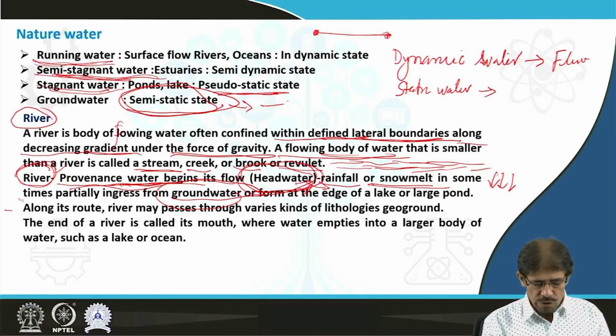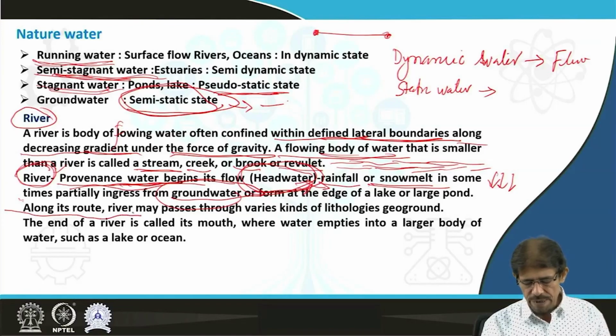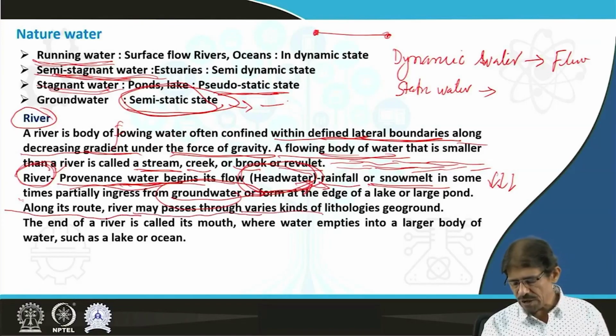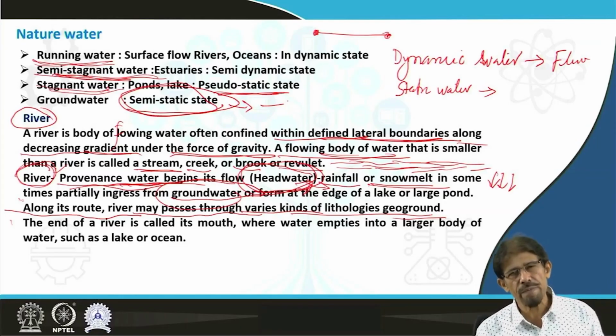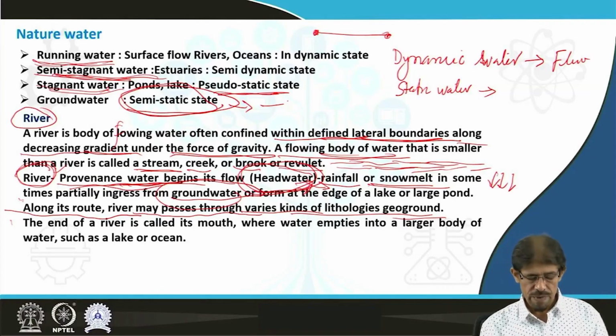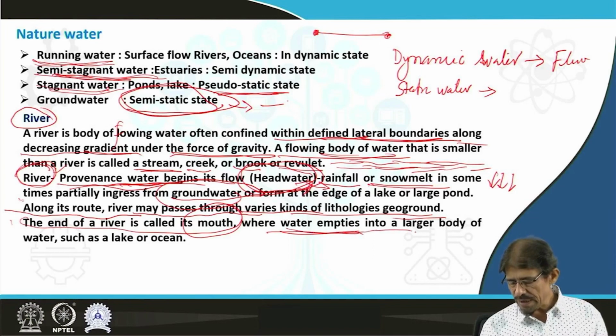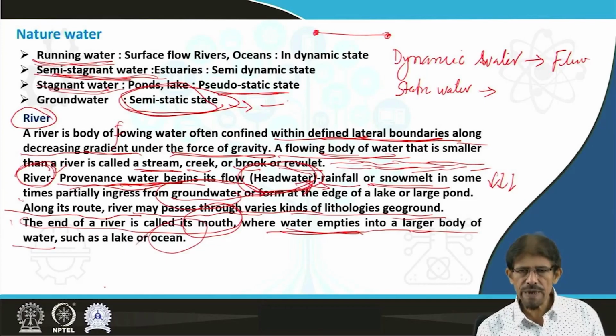The route of the river may pass through a variety of lithologies and geological grounds, consisting of different types of rock strata, different soil materials, mixes of sediments, etc. At the end, that is known as the mouth, the water enters a large body of water, that is an ocean or big lake.